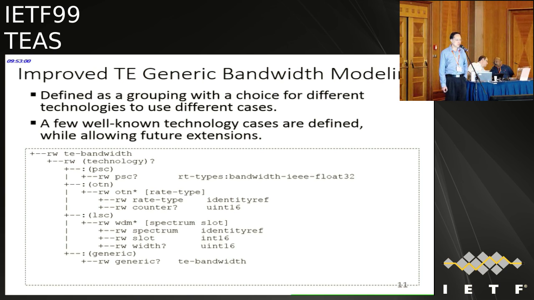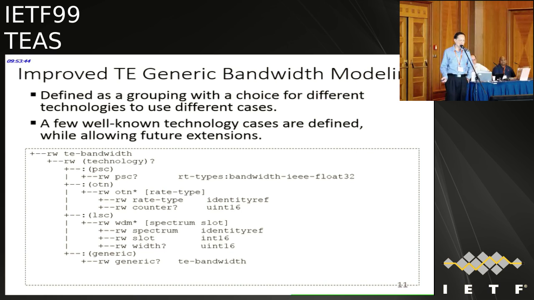Then about the generic bandwidth modeling, we used to have a generic string. We got comments that this is too generic, because we have the encoding inside the string, so the implementation has to parse that. We also got suggestions this time from the northbound interface design team, and especially from Carlo and Sergio. So we reworked this a little bit further, and now we have the improvement.